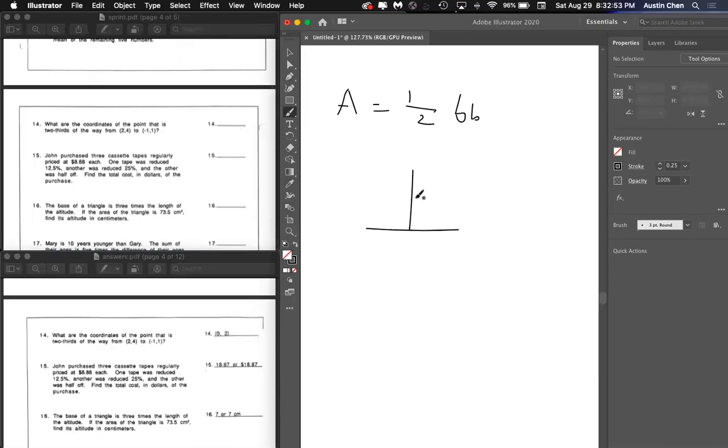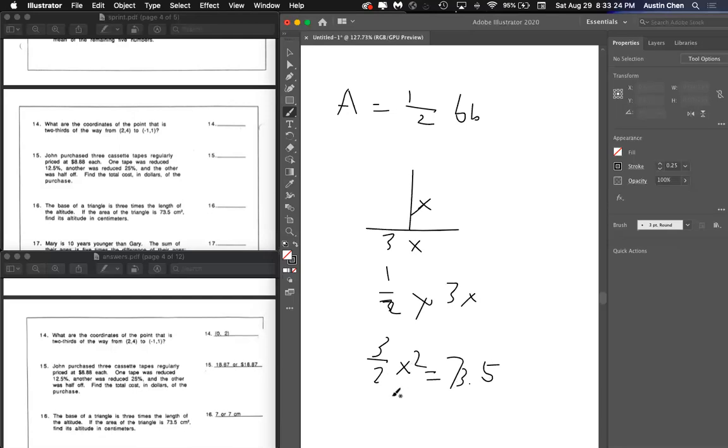If you say the altitude is x, and you say the base is 3 times that, 3x, and my diagram isn't to scale, but then your area of the triangle would be 1/2 times x times 3x, which is just 3/2 x squared, and this equals 73.5 centimeters squared.